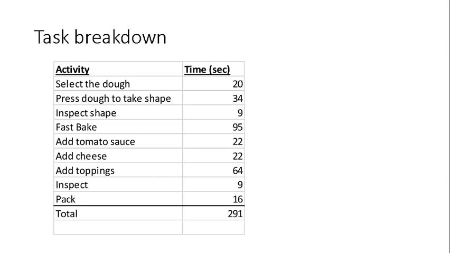If it's not, then reject it. Then a quick bake to get a solid form, then add tomato sauce, cheese, toppings, inspect if everything is fine, and then package and send it to a supermarket or to the freezer.